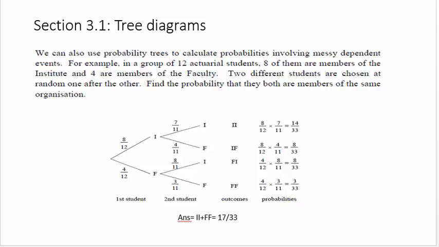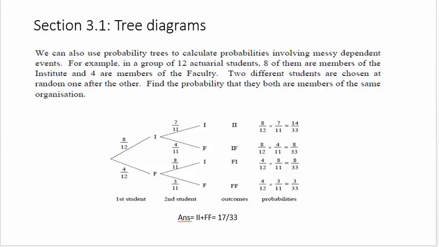In the next step, as one student of the institute has been picked, the total number is reduced from 12 to 11 and the available members of the institute are 7, so the probability will be 7 by 11. Similarly in the case of the faculty, if a student of the faculty is chosen, then the probability changes from 4 by 12 to 3 by 11.